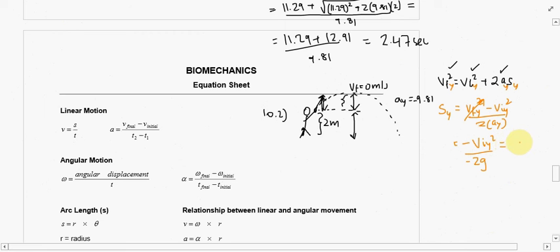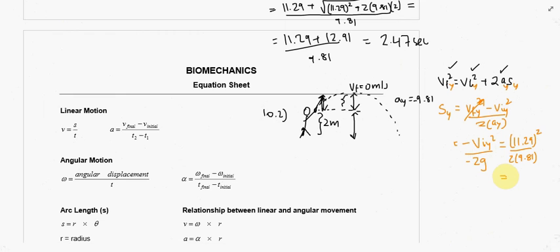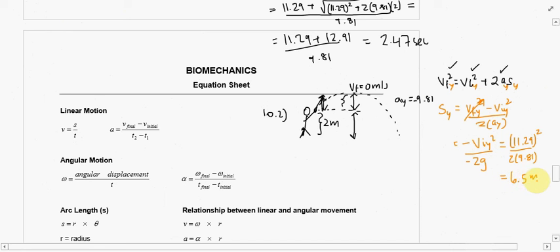We said that this is 11.29 squared over 2 times 9.81, and that gives me 6.49 meters, or 6.5 meters, you can round it off.